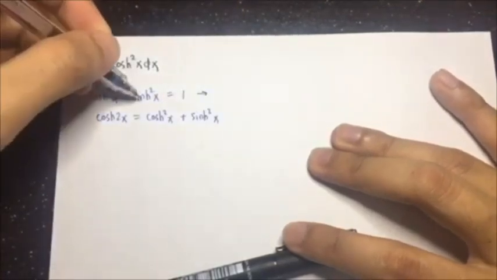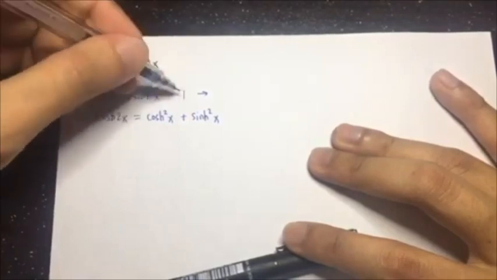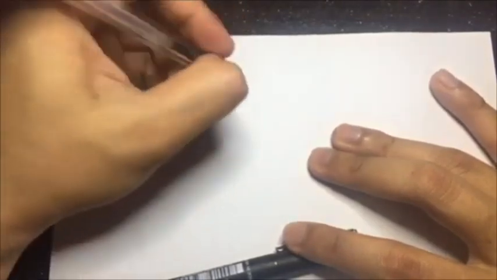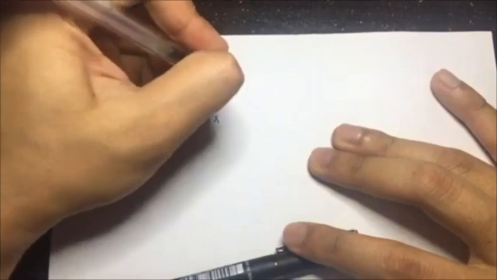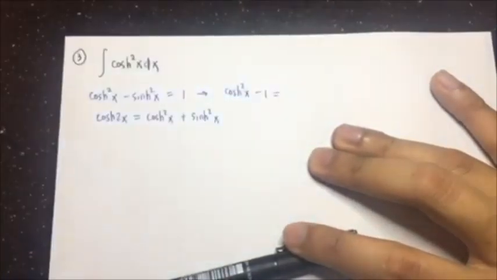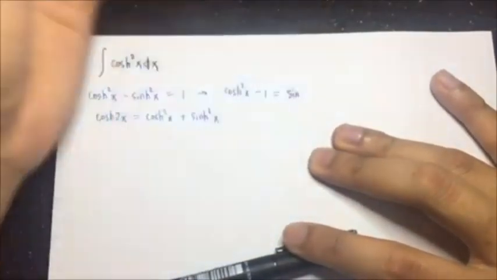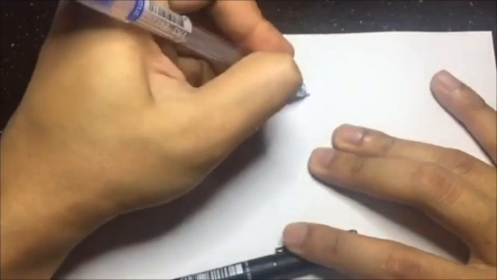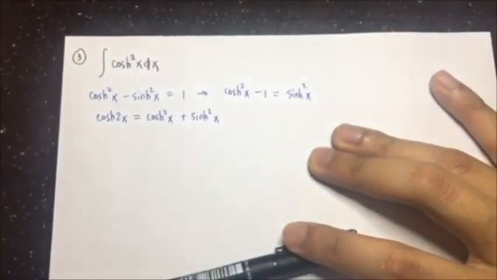So from the first identity, if we transpose the hyperbolic sine squared of x and then transpose 1, we will have hyperbolic cosine squared of x minus 1 is equal to hyperbolic sine squared of x. Let's use that to replace this.